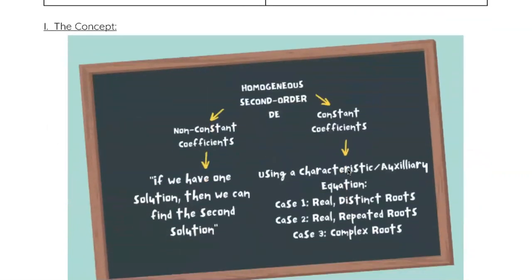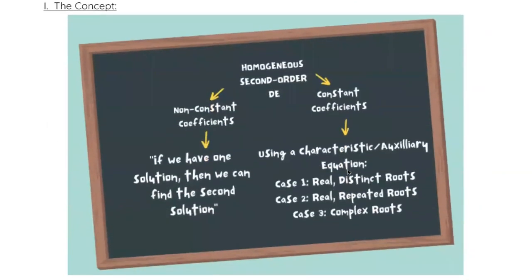Yesterday we talked about how, with homogeneous second order differential equations with non-constant coefficients, we sort of have to know a little bit of that puzzle before we can finish the rest of it.